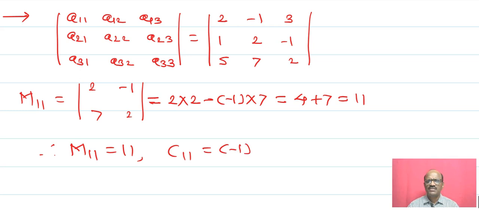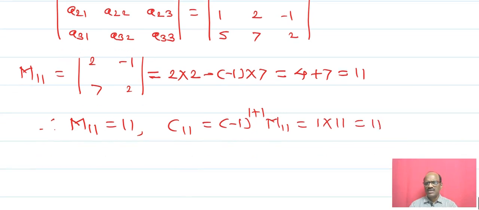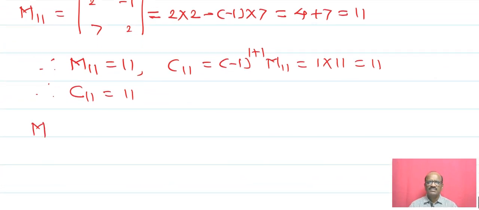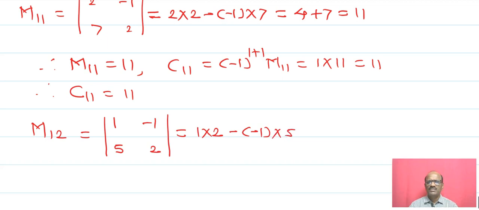Now the cofactors, that is a C11 minus 1 raised to 1 plus 1. Its order is 1 1. Therefore minus 1 raised to 1 plus 1, M11 that is a 1 into 11, that is equals to C11 is also 11. Now next M12. 1 minus 1 5 2. 1 into 2 minus in bracket minus 1 into 5, that is a 2 plus 5, that is equals to 7.